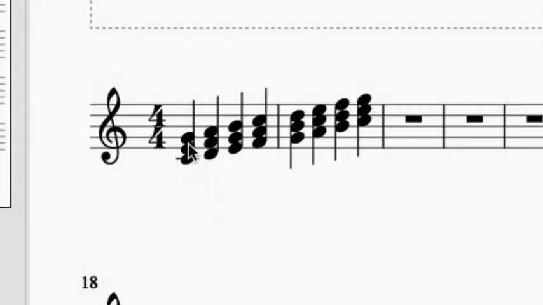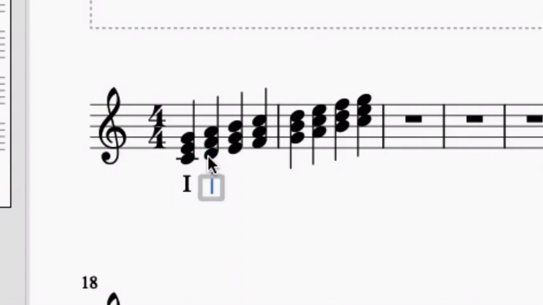C, E, and G. A major third under a minor third, meaning it's major. The chord quality of C is major. Okay, D is a minor third under a major third, so that's minor.